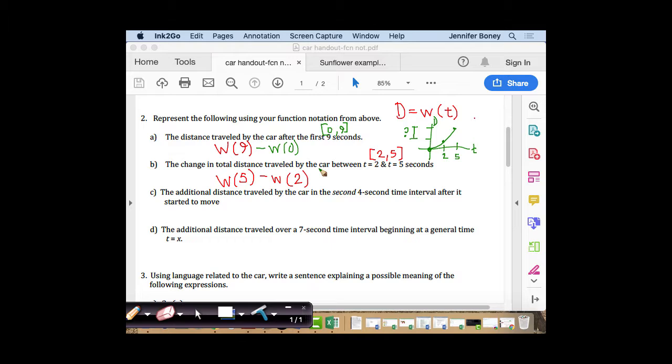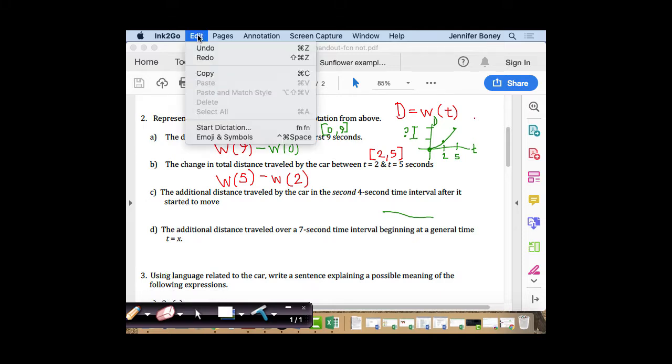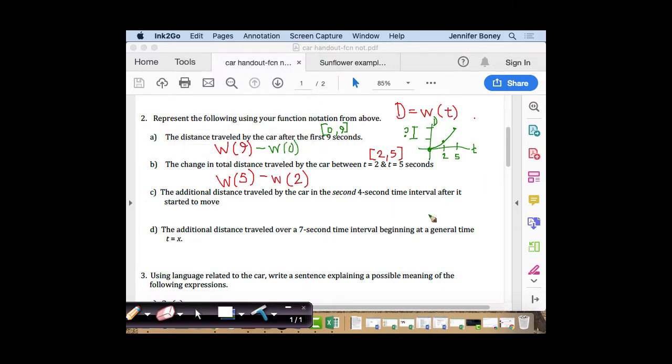What's the first 4-second time interval? Starting at 0 and going through 4. The next one, does it start at 4 or 5? 4, because we're continuous time all the way in between. If I can draw a horizontal line, we'll pretend. So time 0 to time 4 is a 4-second time interval.